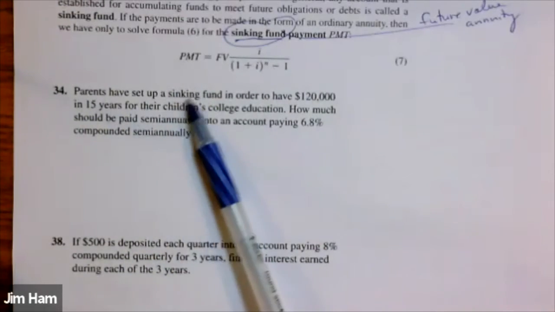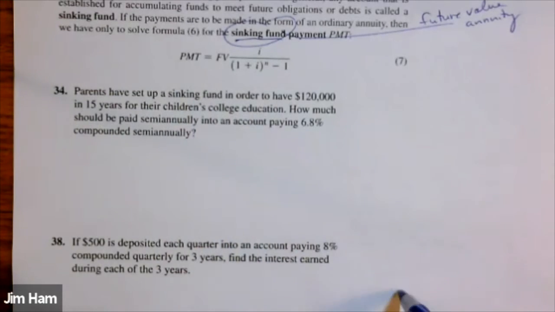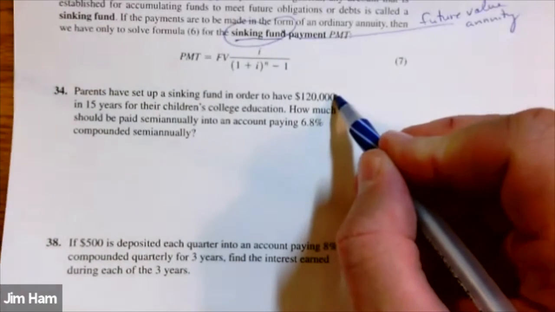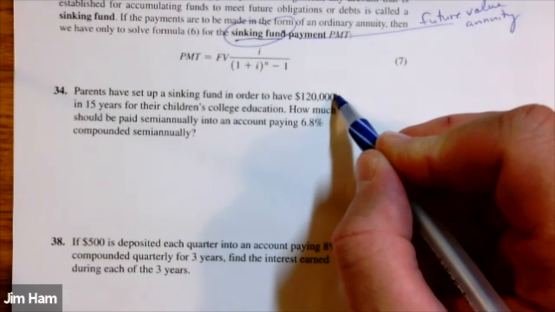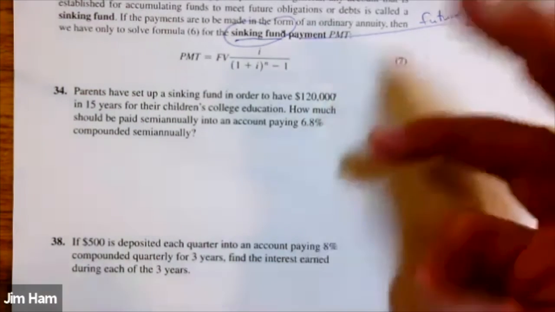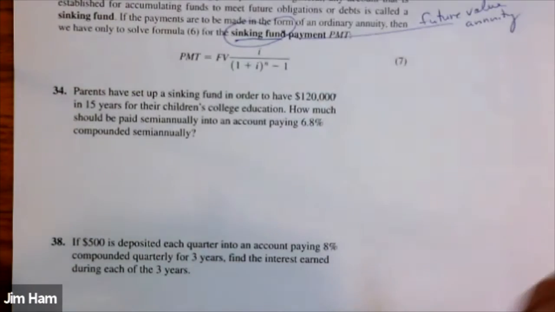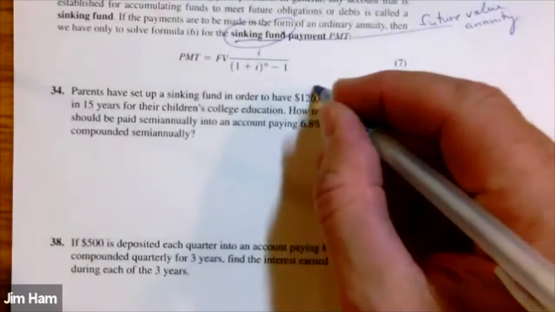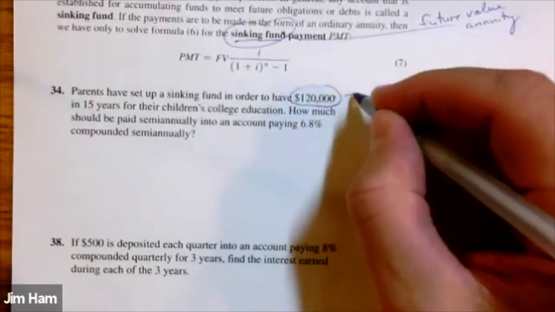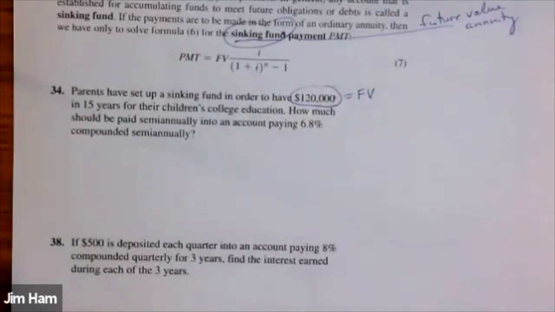Parents have set up a sinking fund in order to have $120,000 in 15 years. So maybe their child is 3 years old and they want to have $120,000 in that college fund, so when the child goes to college, they won't have to worry about where the money's coming from to pay the bills. The amount that you want to have in the future, that's the future value.